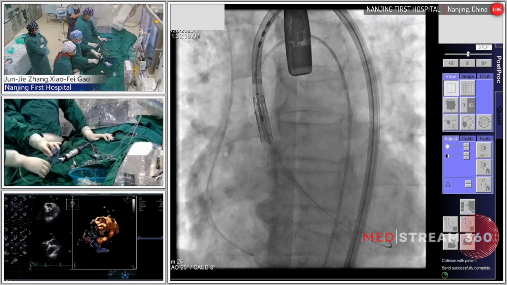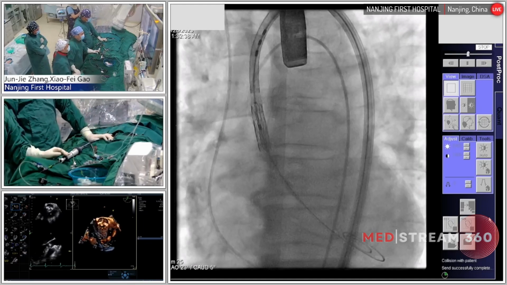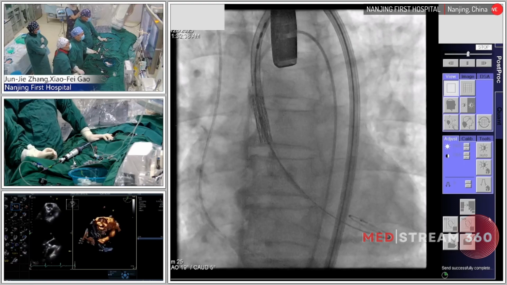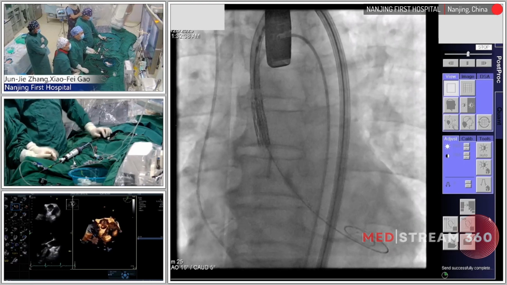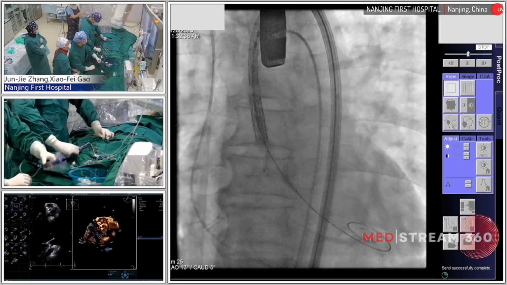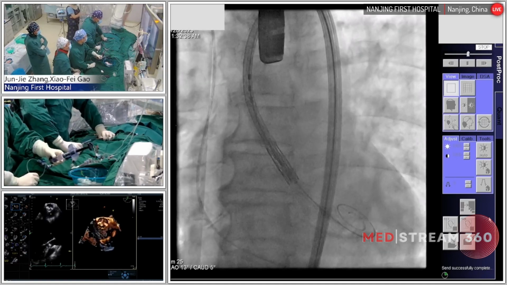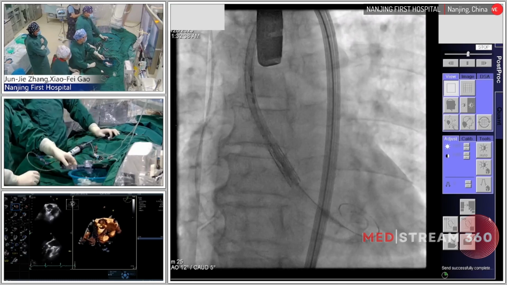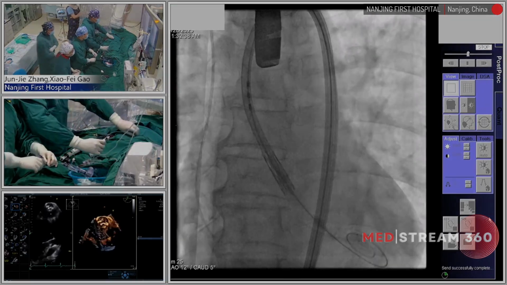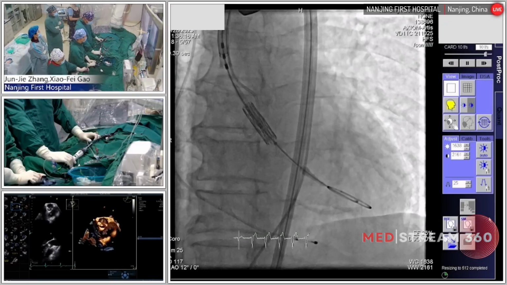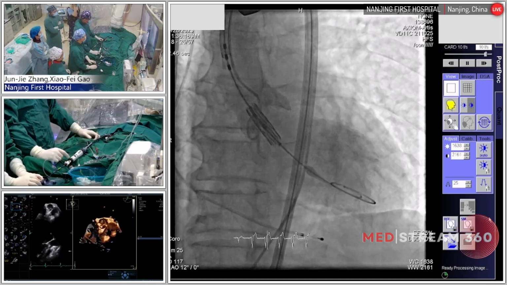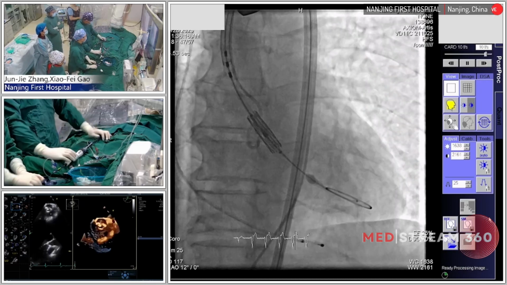Let's go to the Copeland view. LAO 12 degree. Good. Good position. Okay, so we are ready for implantation.